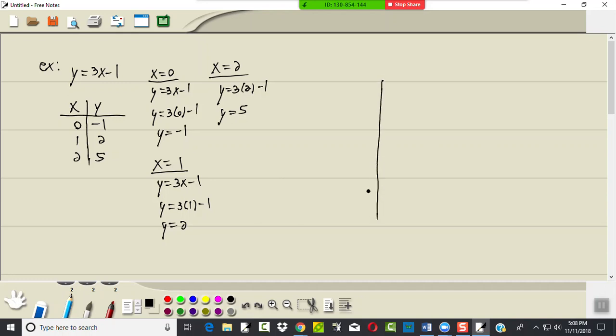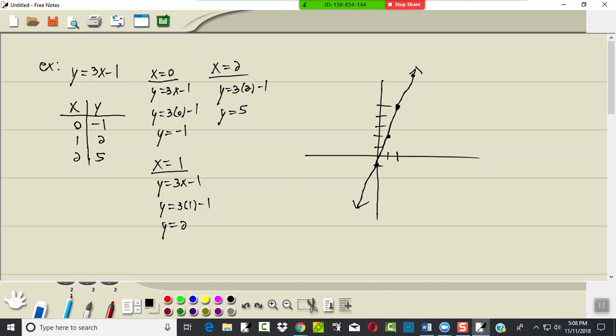Now that we have those 3 points, we're ready to plot them. 0, negative 1, be right there. 1, 2, be right there. 2, 5 would be right there. Then you draw a straight line through them, and that'd be your graph.